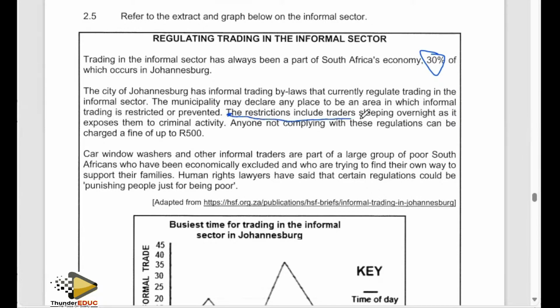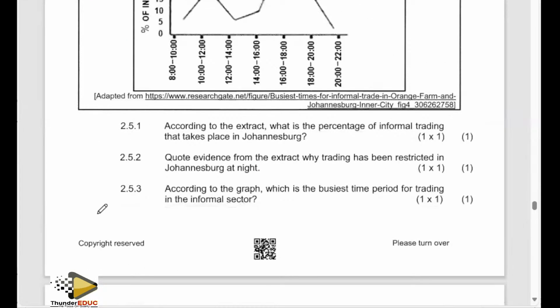We know that criminals thrive mainly during the dark hours of the day. That is why they are restricting activities happening overnight, for they will be prone to criminal activities overnight. Right, move on to the next question.